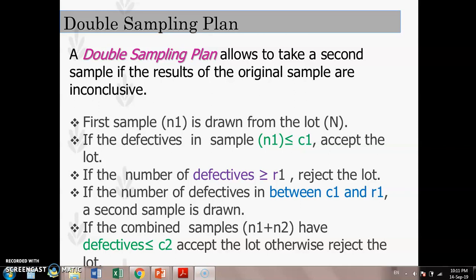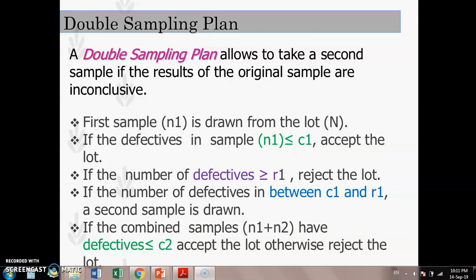If the number of defectives from the sample is bigger than R, reject the lot. If the number of defectives is between C1 and R1, a second sample in the double sampling plan must be considered.